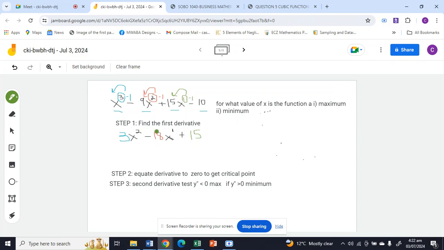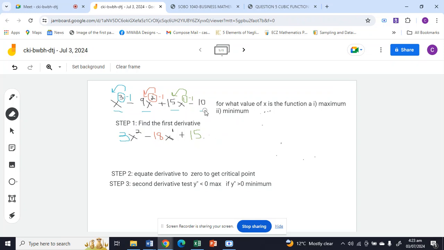So we have 15x to the power 0. Now if you remember from indices, anything to the power 0 is 1. So this x to the power 0 is just the same as 1. 1 times 15, that is 15. So we just remain with 15 here.